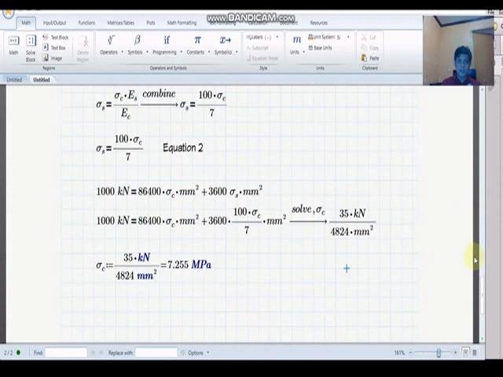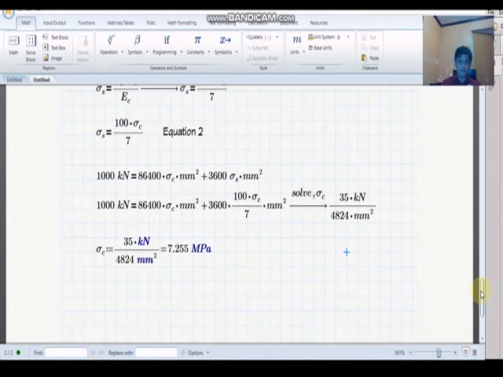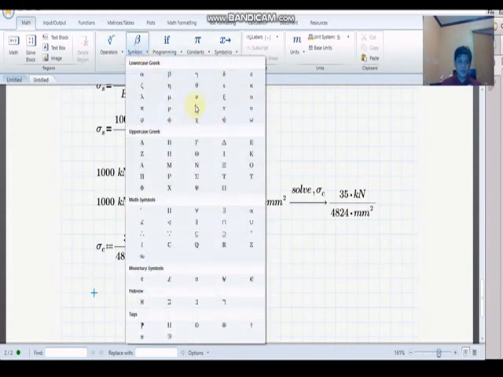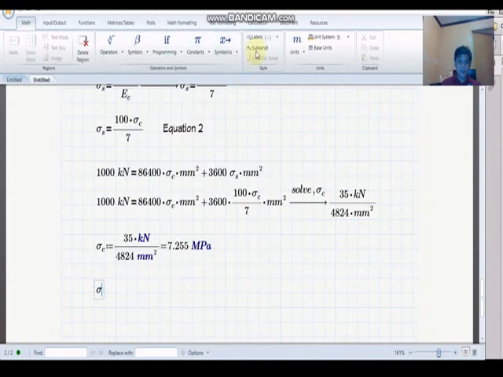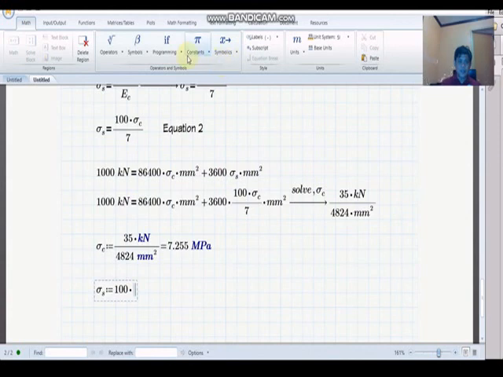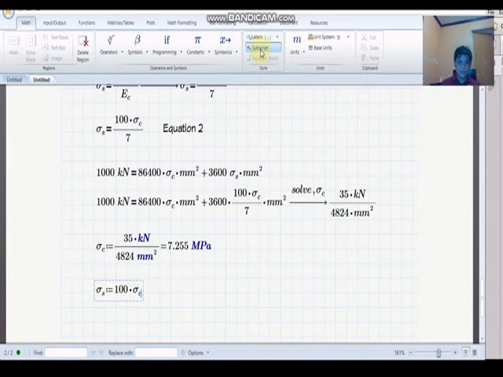Having obtained the stress in the concrete, it's now easy for us to solve the stress in the steel by simply using equation 2. So equation 2 is, the stress in the steel is equivalent to 100 times the stress in the concrete divided by 7.